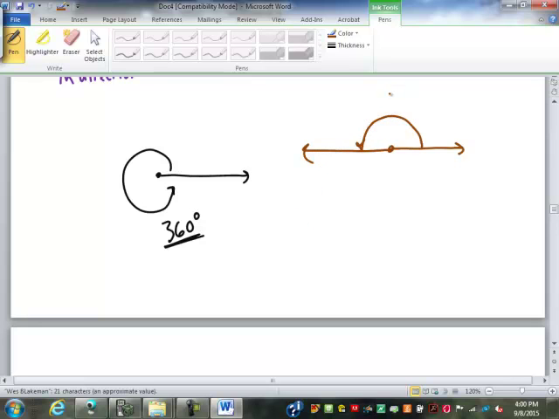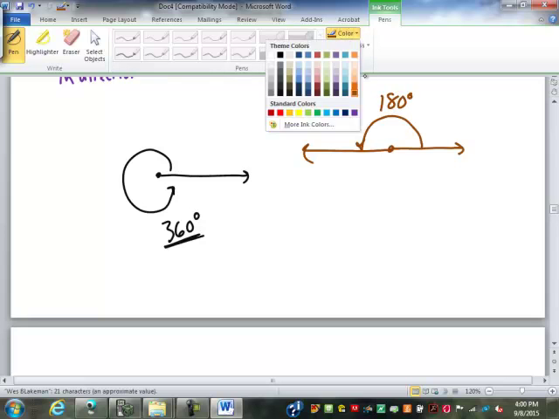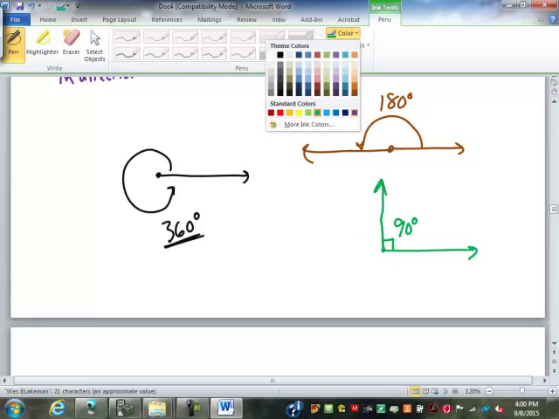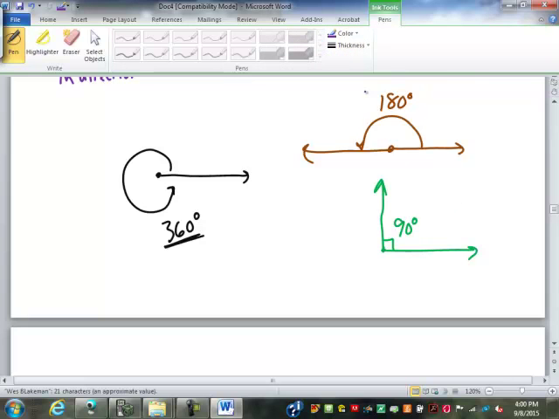How many degrees would that be? 180. Very good. Or if I have a ray and my second ray goes in an exact square corner, that's 90 degrees. Very good. Or 1/4 of the 360. And all other angles can be thought of as fractions of that.